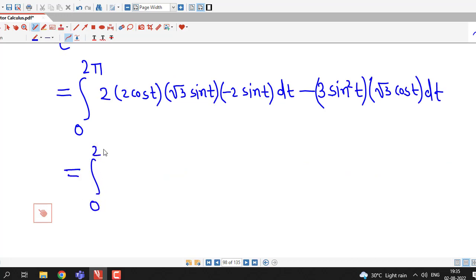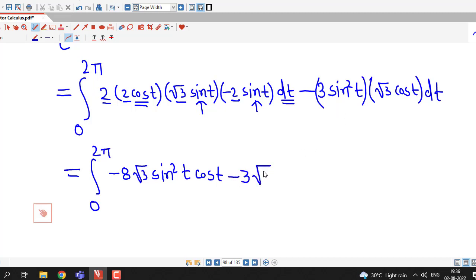This is integral from 0 to 2π, and if you observe, we have 2 into 2 is 4, 4 into 2 is 8, into √3 and with negative sign. So I have minus 8√3, and I have sin t 2 times in the product, therefore I have sin² t, and this cos t, and this dt I will take common, and here I have minus 3 times √3 and sin² t into cos t.